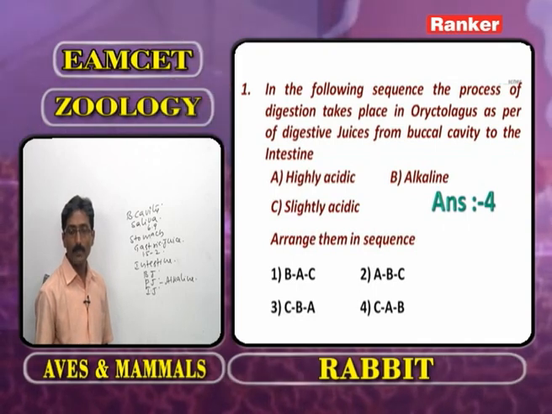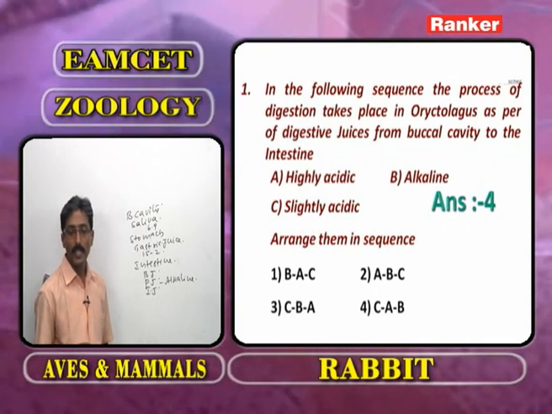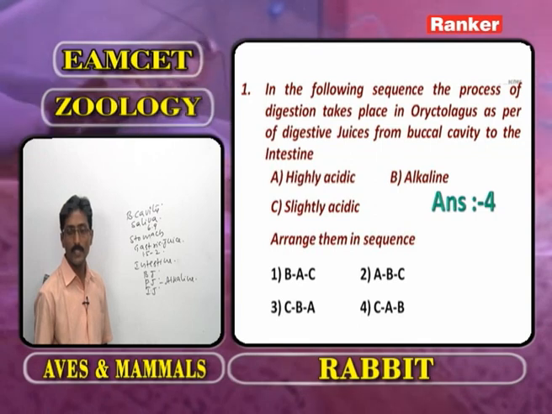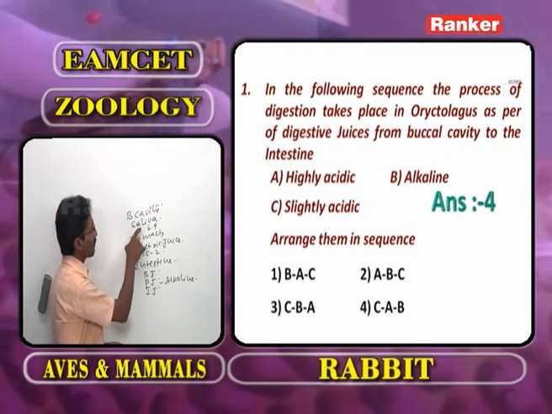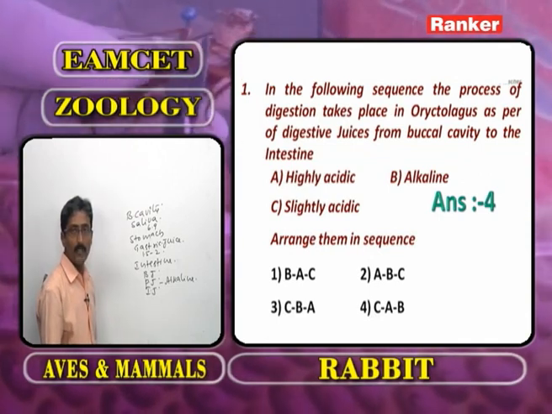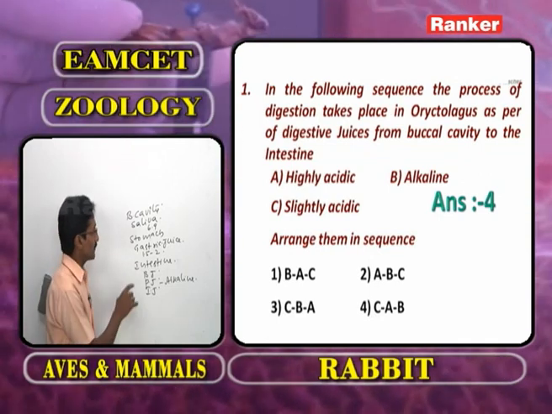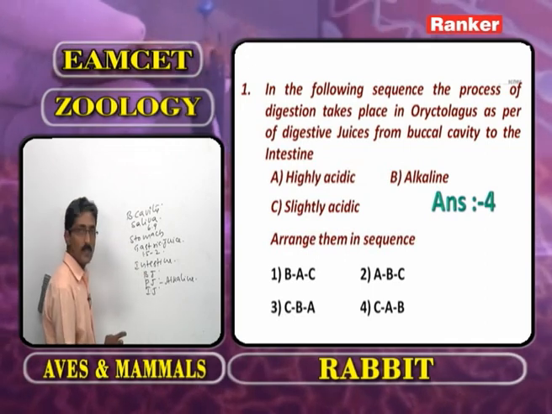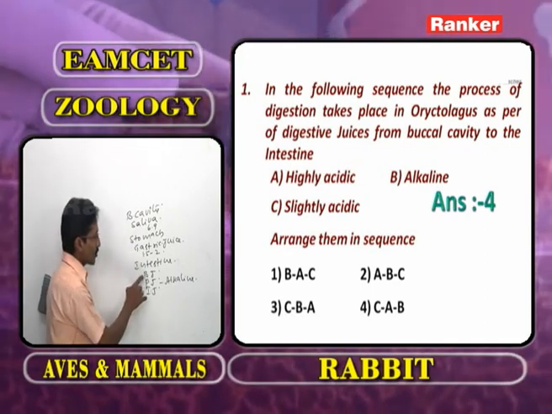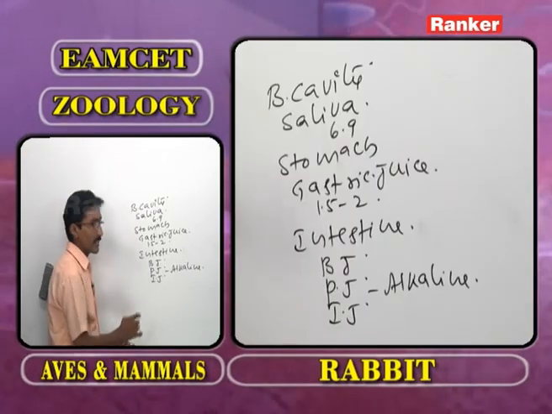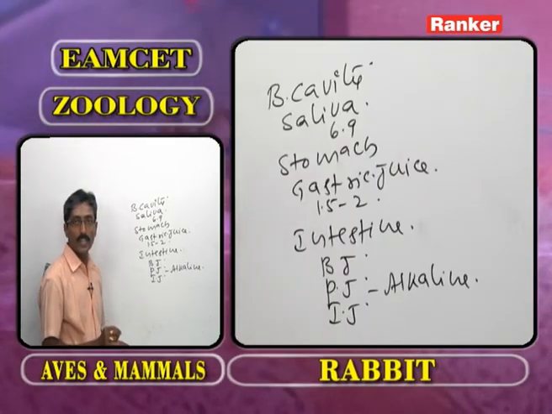Now based on this information, we have to observe in the following sequence, the process of digestion in the rabbit as per digestive juices from buccal cavity to the intestine. Now in the buccal cavity, the saliva is slightly acidic. The gastric juice is highly acidic. What about the bile juice, pancreatic and intestinal juice? They are alkaline.